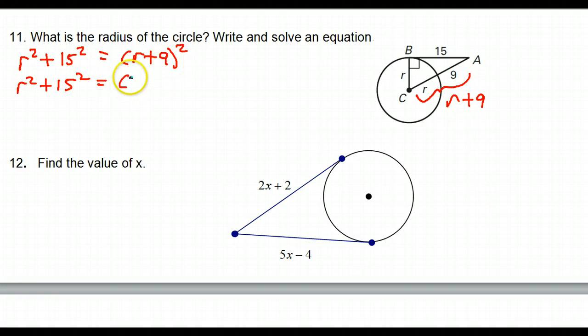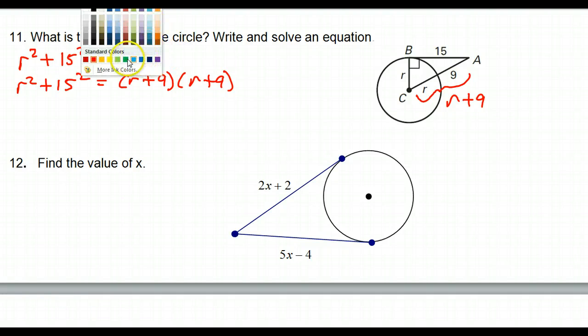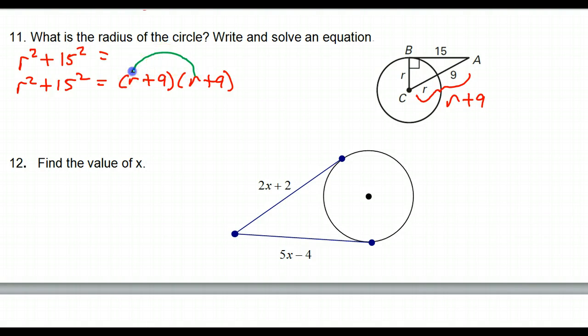R plus 9 squared means r plus 9 times r plus 9. Now, when you look at it this way, I hope that you will remember we need to distribute this r twice. So, we need to multiply r times r and r times 9. So far that's going to give us r times r is r squared, and then r times 9 is 9r.